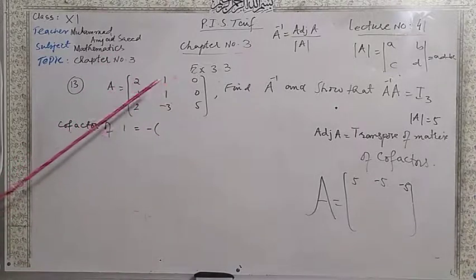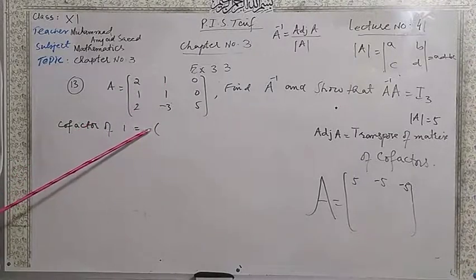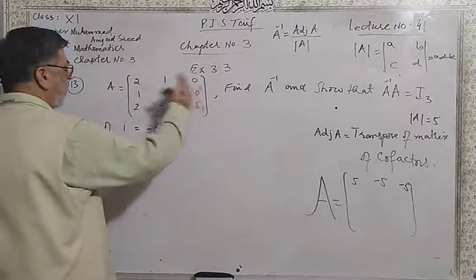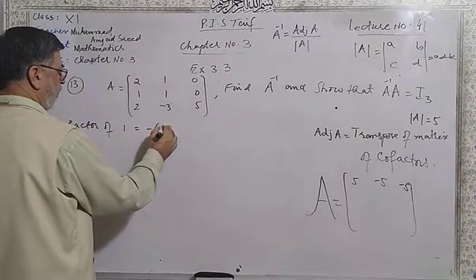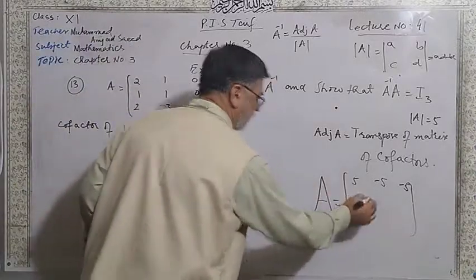Plus, minus, plus and this is minus. So that's why I wrote minus outside. Actually this is minus 1 power 2 plus 1, second row, first column. Then remove this row and column. AD minus BC, 5 minus 0, that is minus 5. Here is minus 5.